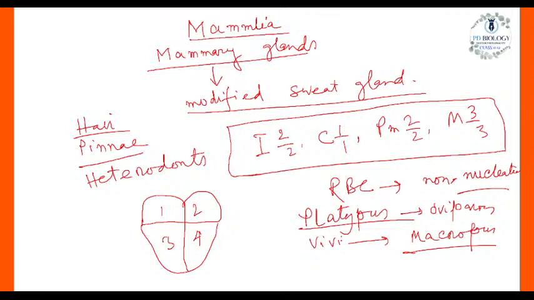So we have almost completed the different important topics of animal kingdom. I think you all understood the different points of animal kingdom and get a good revision of this chapter. Then you read the NCERT, that will help you.